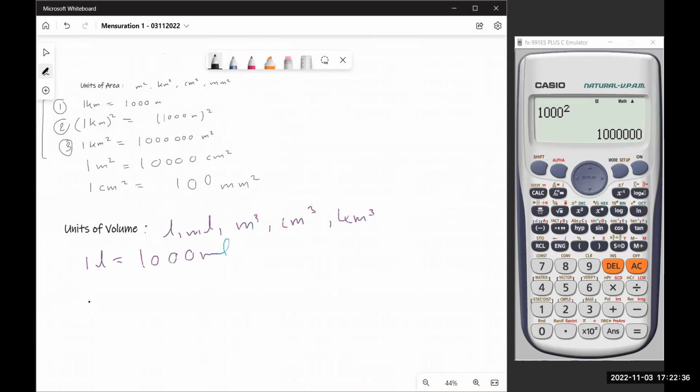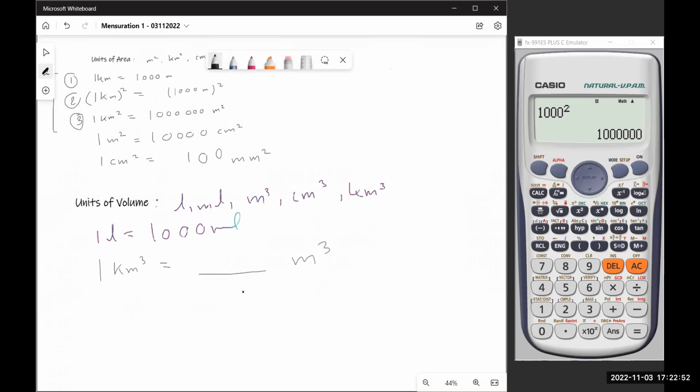If I ask you how many meter cube is 1 km cube? First tell me how many meters is 1 km, Rania? 1000. All I have to do is 1000 cube.